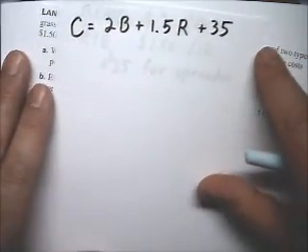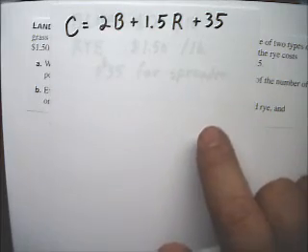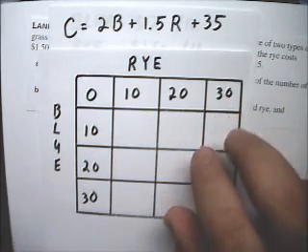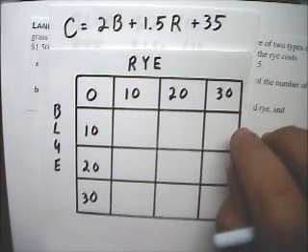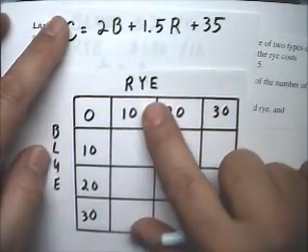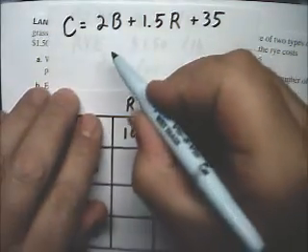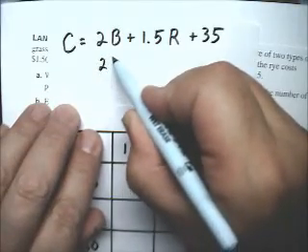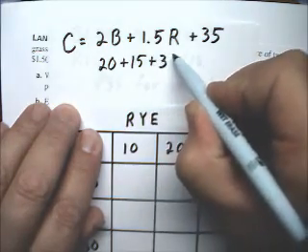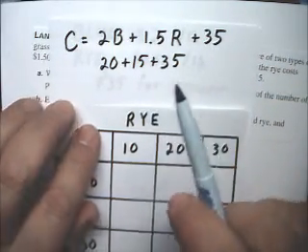And now it says to evaluate this for several values of ryegrass and bluegrass and put it in a table. So let's try some of these. Let's see, if the blue is 10 and the rye is 10, 10 and 10, that would be 20 plus 15 plus 35, and let's see, that's 70.